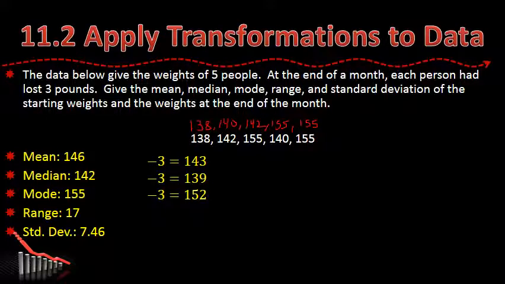This can be found by taking our numbers and subtracting 3. So if I subtract 3 from 138, it'd be 135. 3 from 140 would be 137. This would be 139. 152. So just subtracting 3 from each of these.